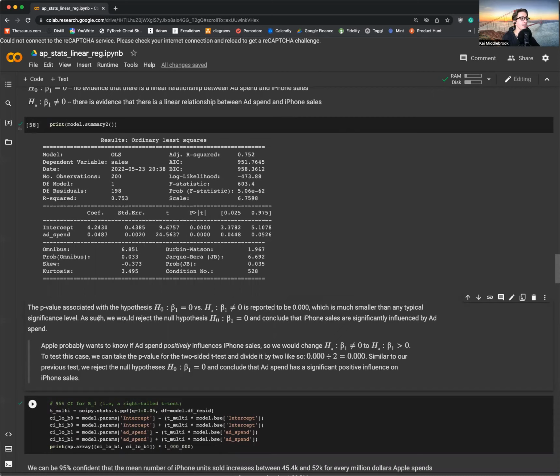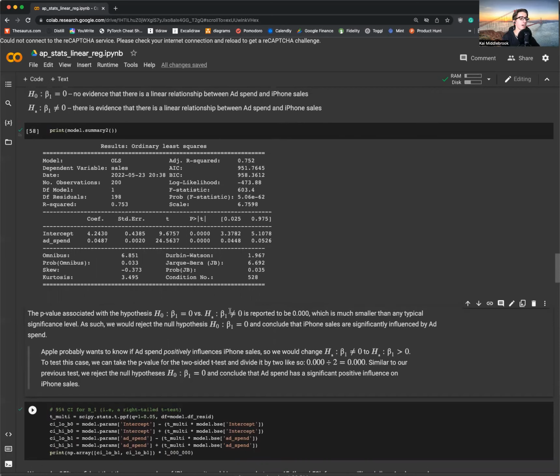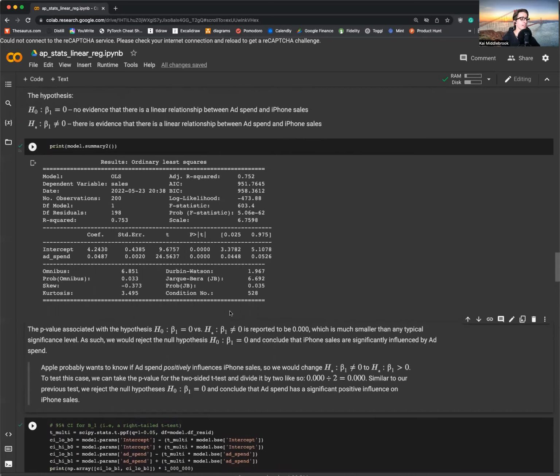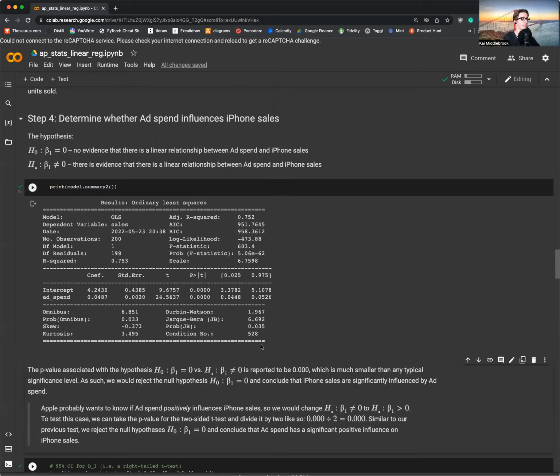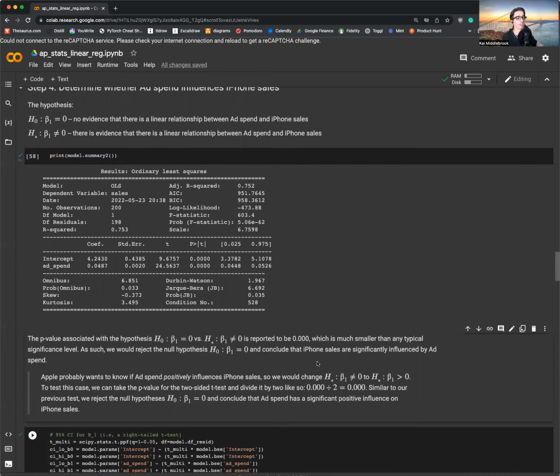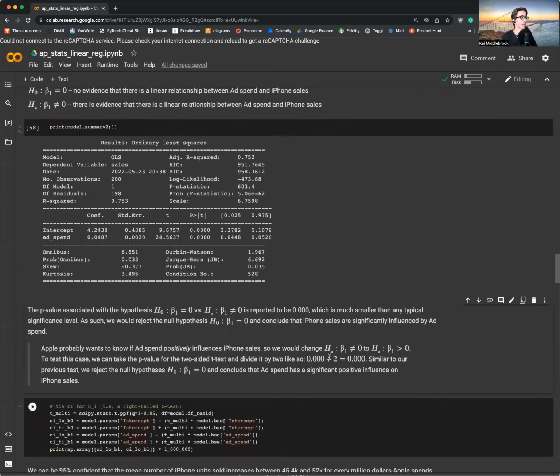And as such, we would reject the null hypothesis that ad spend does not have any influence on iPhone sales. And we would conclude that iPhone sales are significantly influenced by ad spend.